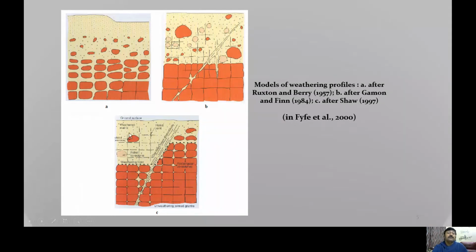Adjacent to that, we can find some relic joints. Core stones are essentially the rock boulders which are surrounded by more weathered profiles, as we can see here. So this is the most acceptable generalized weathering profile that is normally found in tropical, subtropical areas.